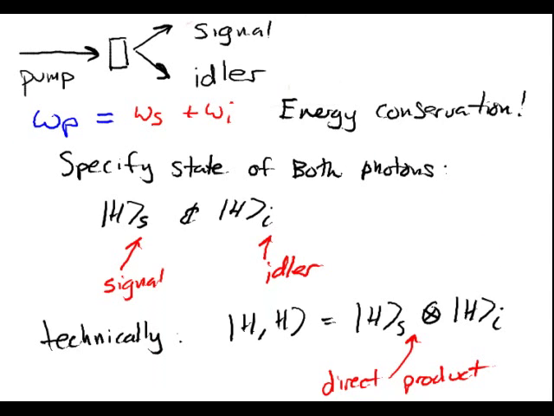The direct product is indicated by this circled X, and we'll talk about what that means in general in the next page. We'll look at an example. So that's the direct product.